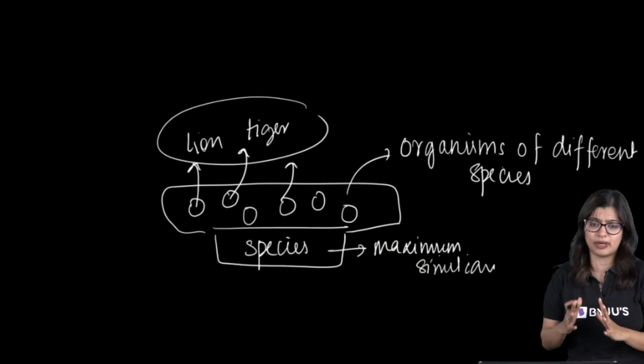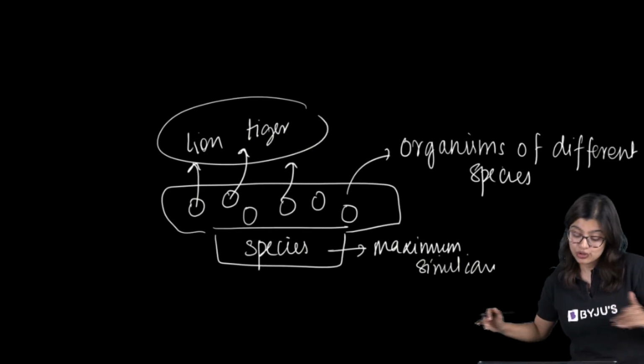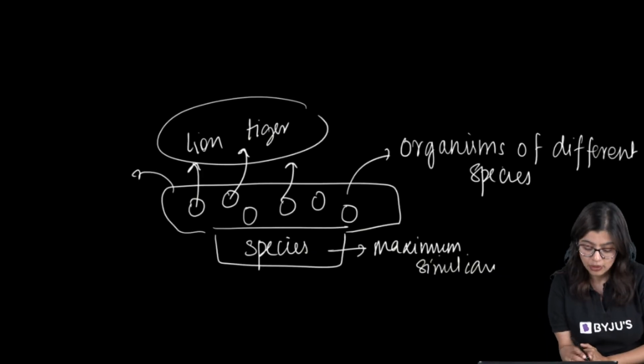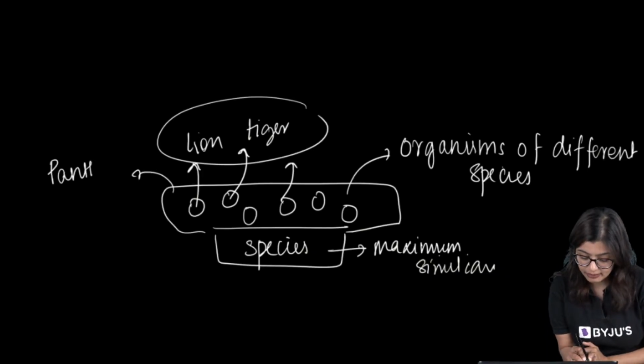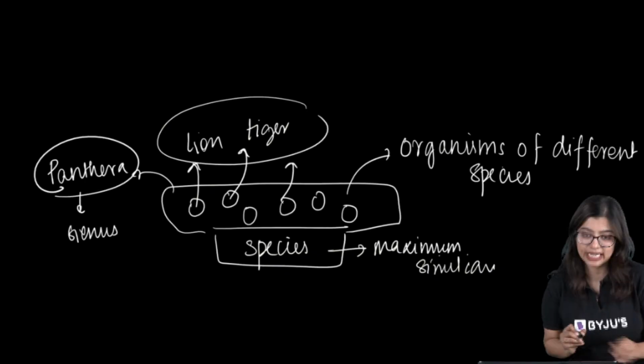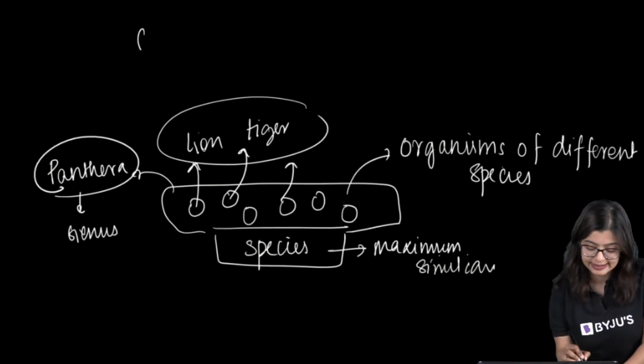They have so many common ones, but still too many differences. So they come under a broader category called Panthera, which we call genus. So basically, genus is a group of species. Simple, exactly.